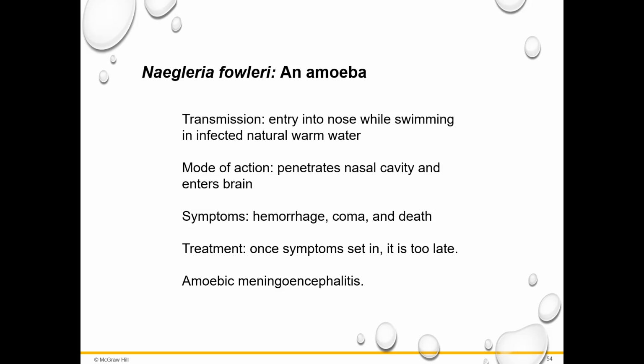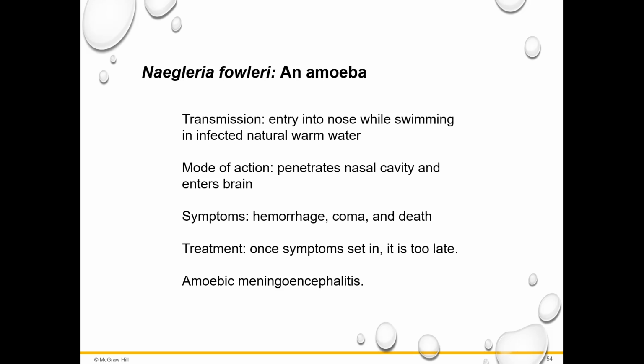And that's where they get into your brain, and this is known as the brain-eating amoeba. Once they get in the brain, that's when they cause their major symptoms. This is pretty common. Cases are all over the United States. You hear about them all the time, the brain-eating amoeba.